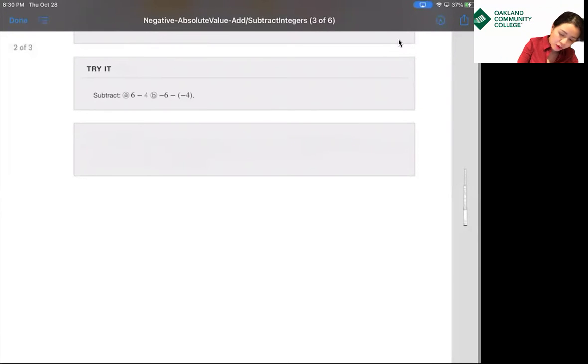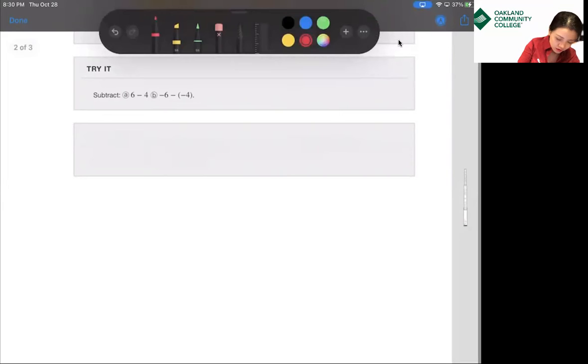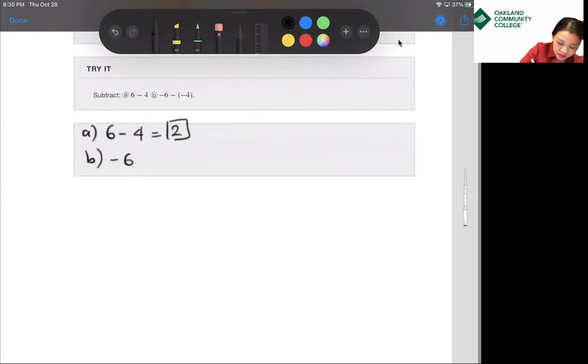Okay, so we have part A, which is 6 minus 4. Well, 6 minus 4 is 2, right? Now part B is negative 6 minus 4. Remember, minus means the opposite, so minus 4 means the opposite of 4.